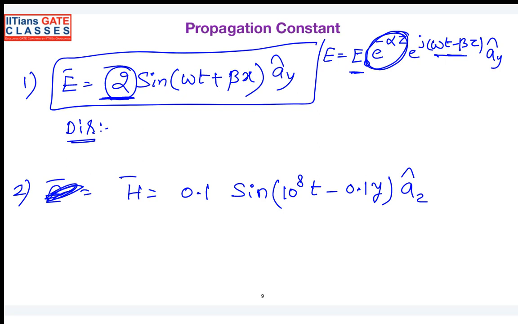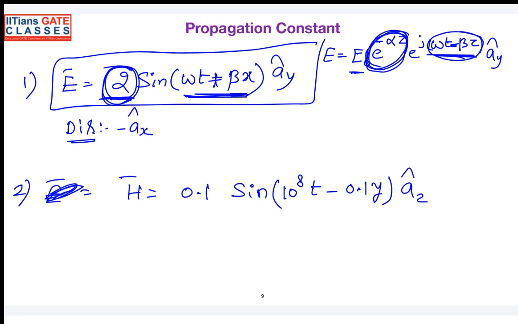You can look at either amplitude variation or phase variation; the sign present means the direction of propagation is opposite of that. Since there is no provision to see the amplitude variation here, let us look into the phase part. There is plus beta x, so the direction of propagation will be negative x.